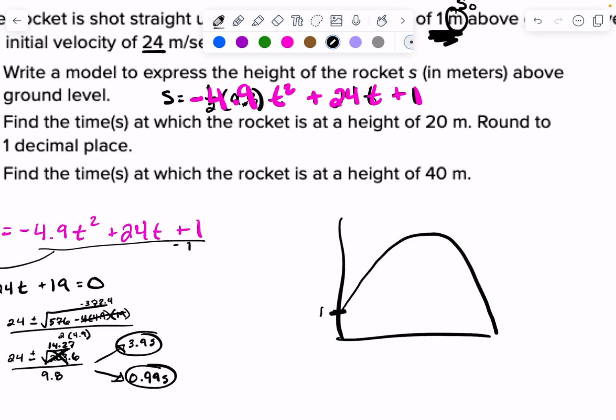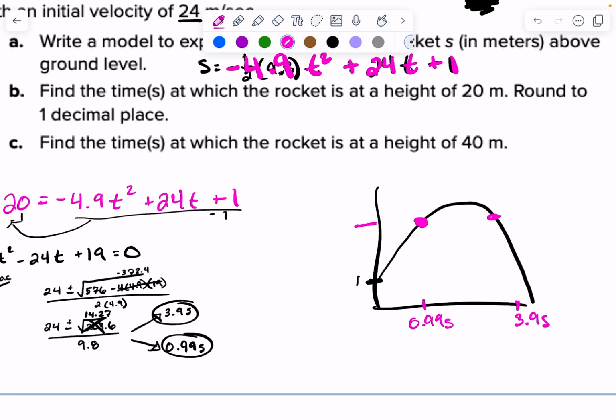They want to know when it's hitting 20 meters. It's going to hit on the way up and on the way down: on the way up at 0.99 seconds and on the way down at 3.9 seconds. That is why we have two answers, not just one where we cancel out the other.